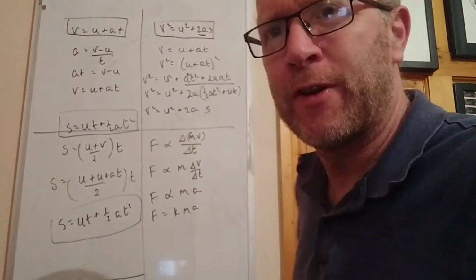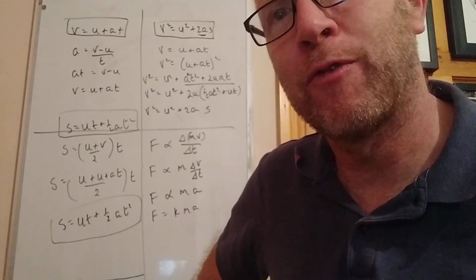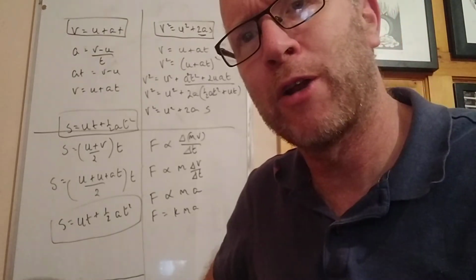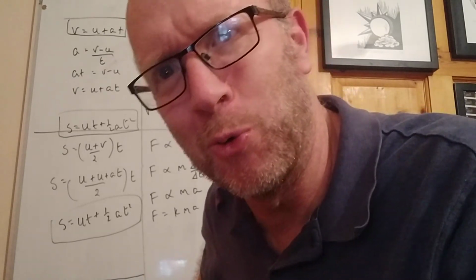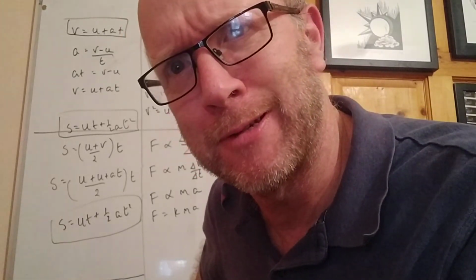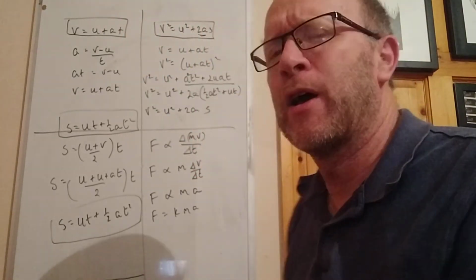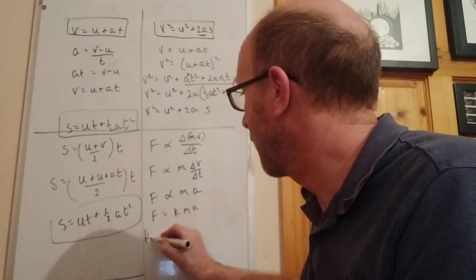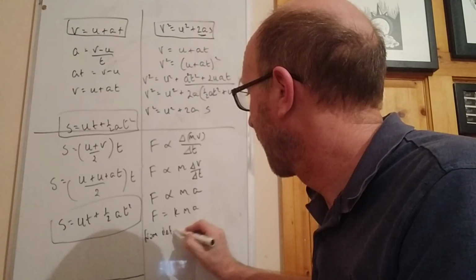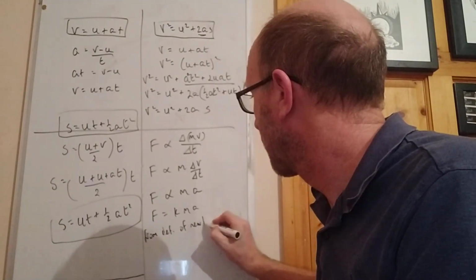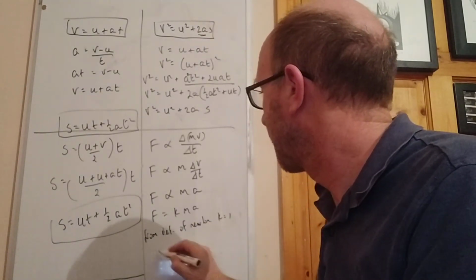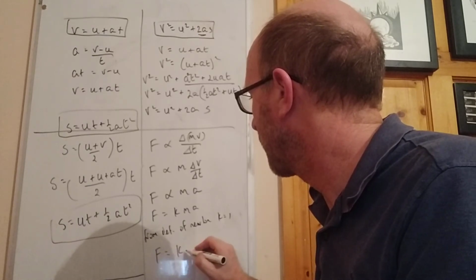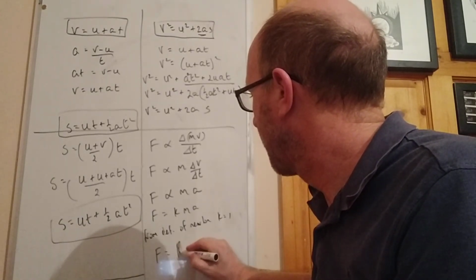And then the definition of the Newton is that a force of 1 Newton, if there's a mass of 1 kilogram, gives an acceleration of 1 meter per second squared. That's a definition you know, obviously, because you know all your definitions. Okay, right? So that only applies if k is equal to 1. So you say from the definition of the Newton, k is equal to 1. So you end up with F is equal to ma.